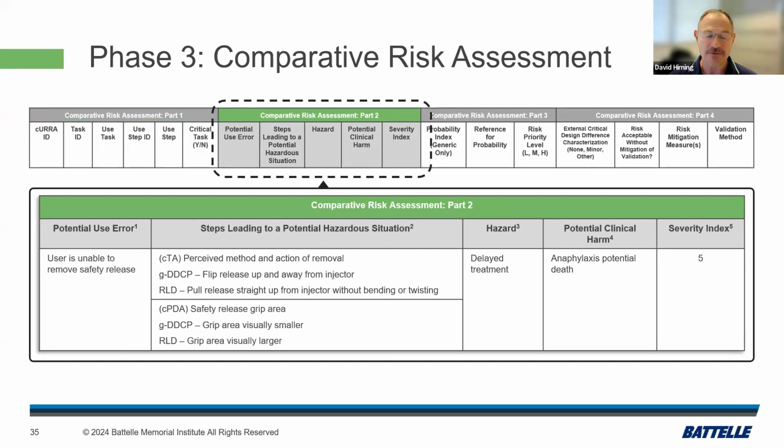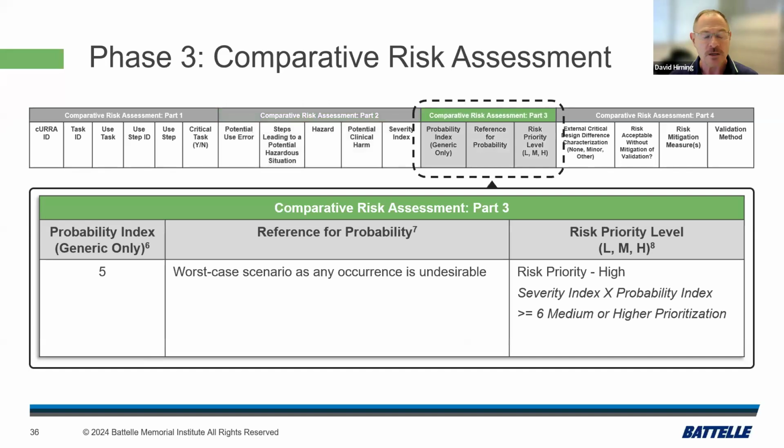The second row is the comparative physical device assessment. You would also put in potential use errors, for example, a user attempts to remove a safety release with one hand, and you would include any foreseeable misuse.